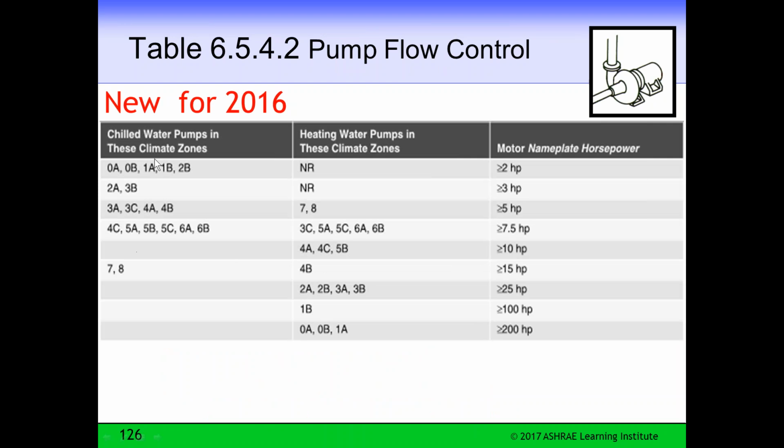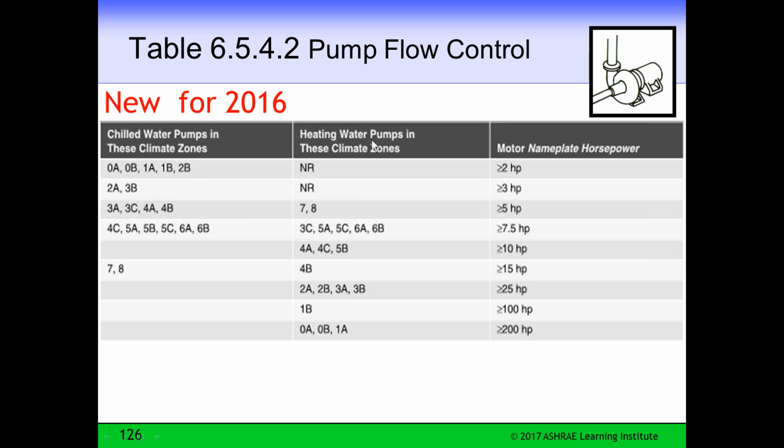Here's the table we talked about. So depending on your climate zone and whether you're a chill water pump or a hot water pump, then based on the horsepower of the pump, this lets you know when you have to use a variable speed drive. So if you've got a chill water pump in 3A, you're going to use it.